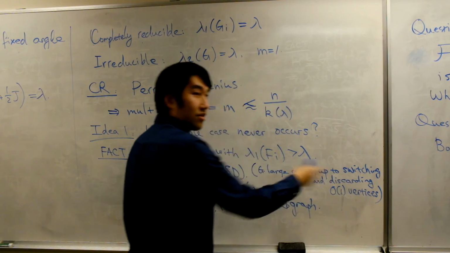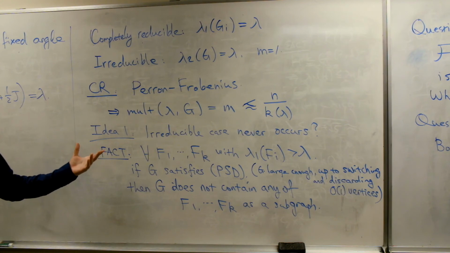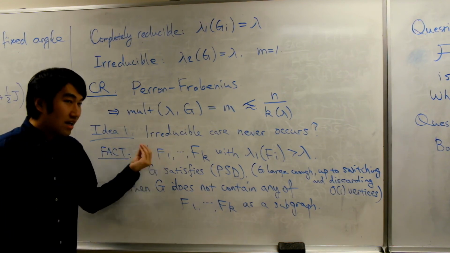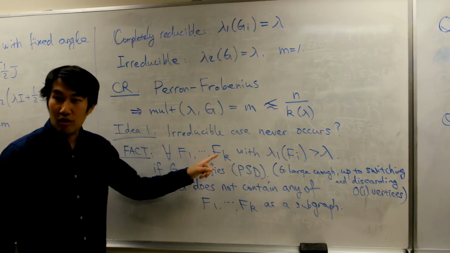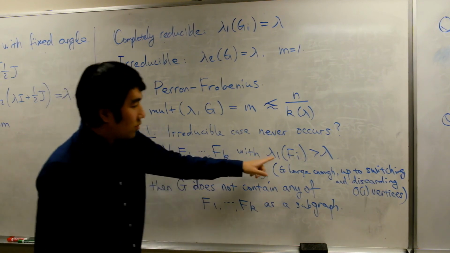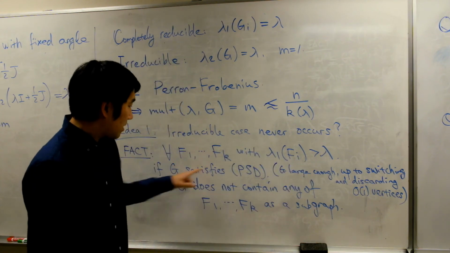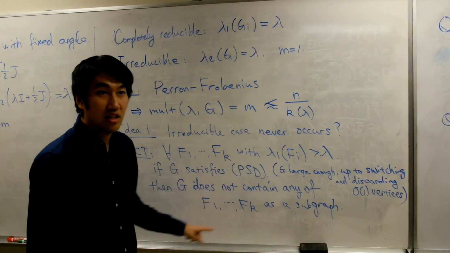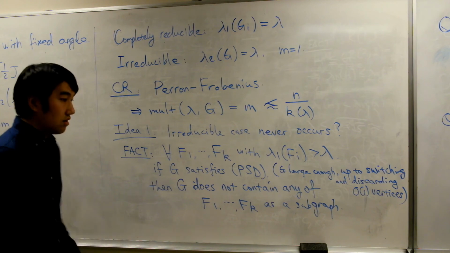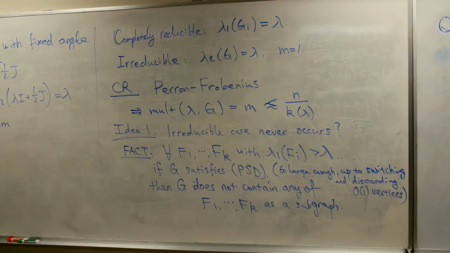But we don't care about details. Basically, the fact is quite powerful. It says that whenever you write down a finite set, what I will call forbidden subgraphs, f1 through fk, with largest eigenvalue bigger than lambda, then if G satisfies the PSD condition, G does not contain f1 through fk.